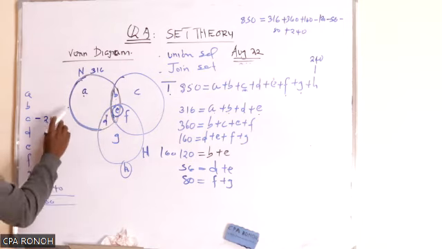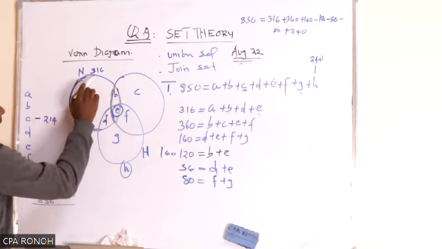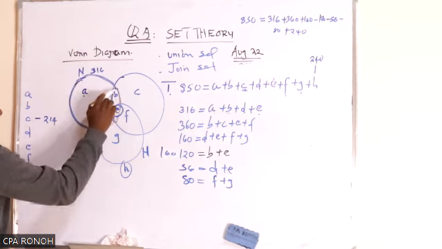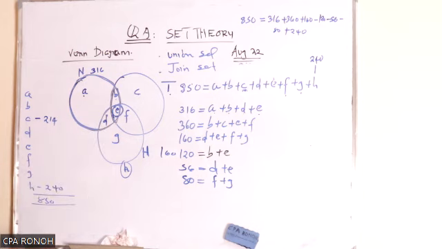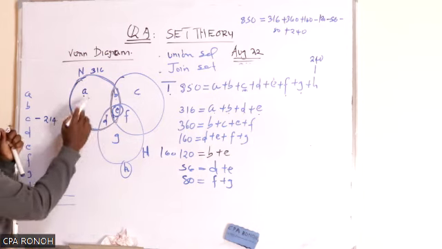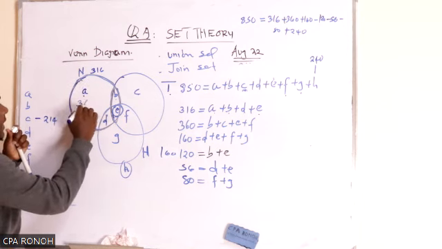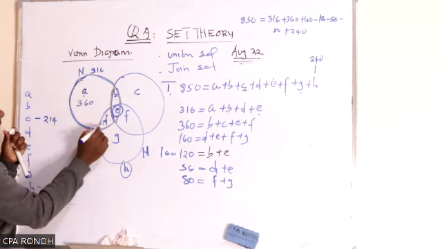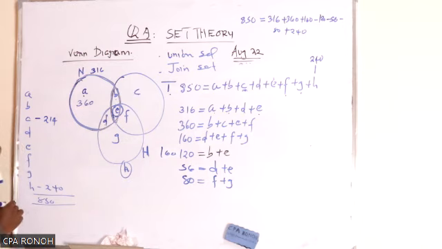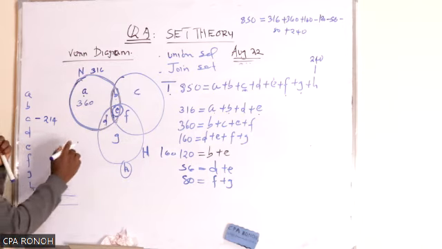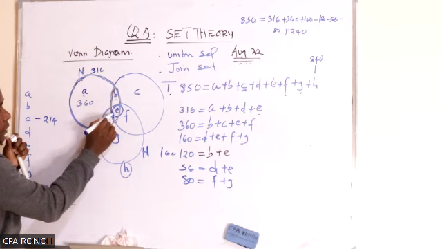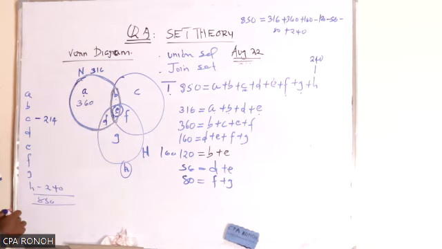But if you look at the cycle of Nissan, it goes to Toyota, and goes to orders. So if the total of Nissan is 360, we must subtract BE.